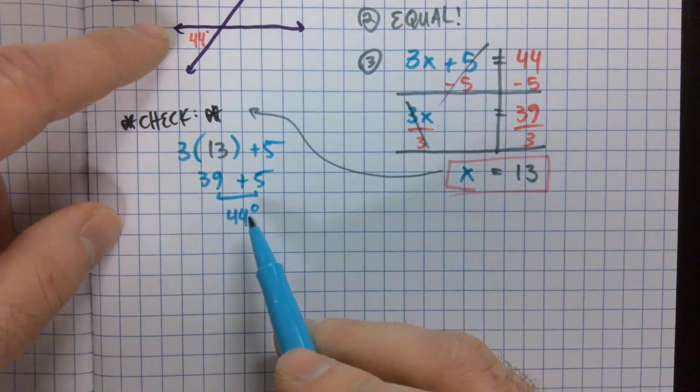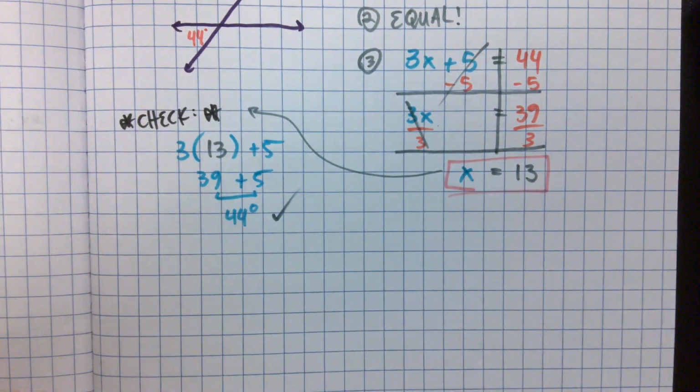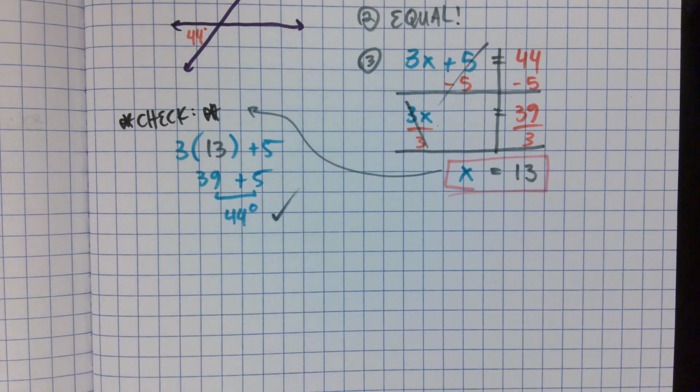Is that equal to the red angle that we have? Yes, it is. Boom, we've checked our work. We know that our answer is correct. A lot of times that checking is something you can hopefully at this point do in your head. Save yourself some time, space, and headache by doing that. 44, just like the red angle, 44 degrees.